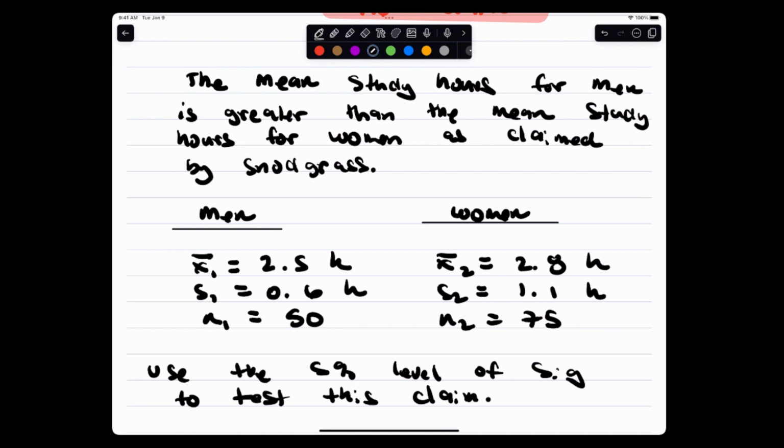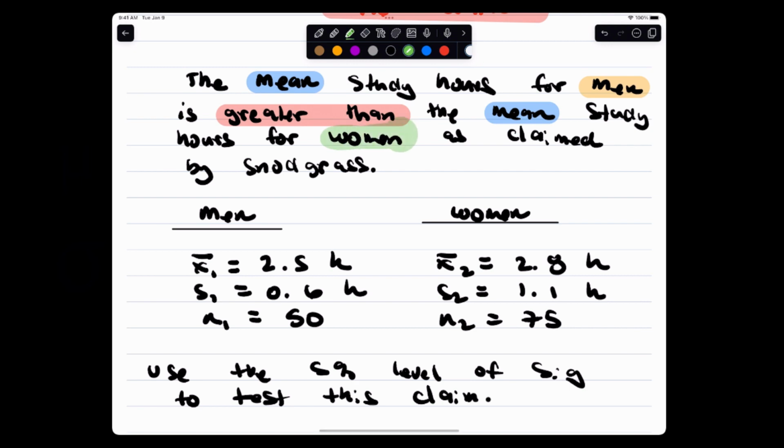Okay. So, ladies and gentlemen, let's try this out, okay? What does it say? The mean study hours for men is greater than the mean study hours for what group?